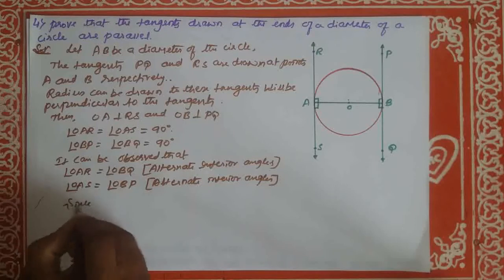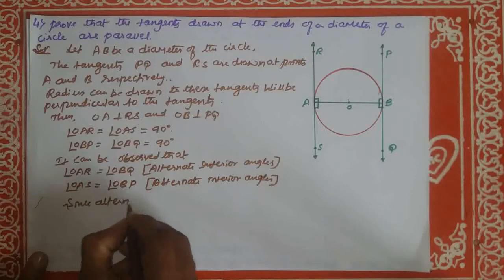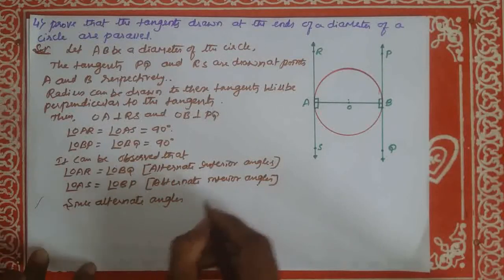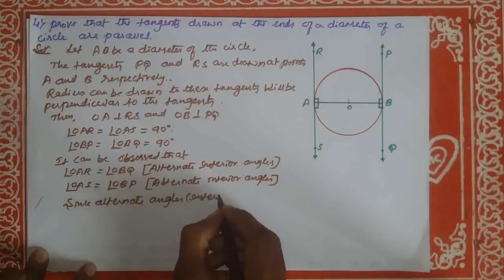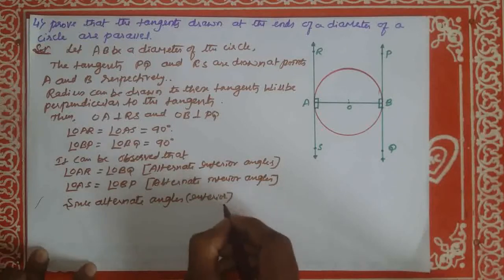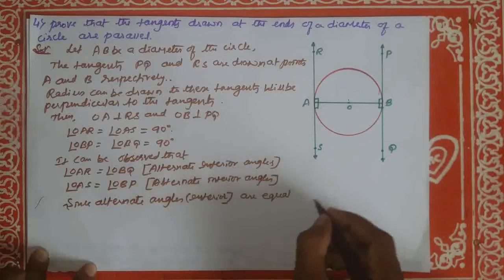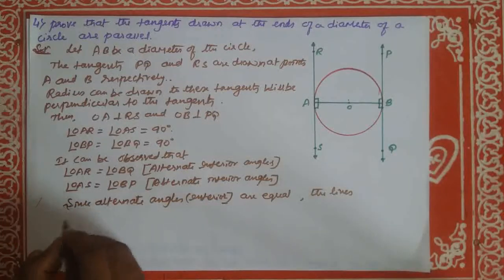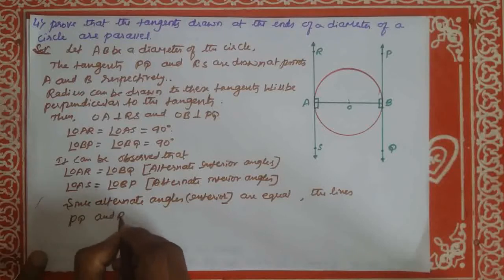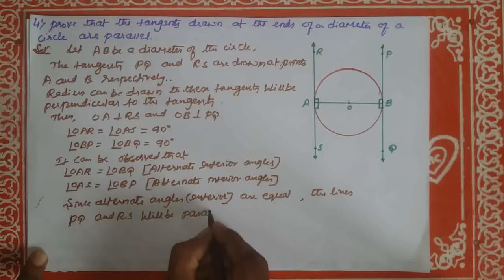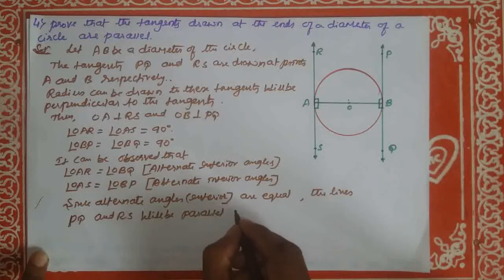Since alternate interior angles are equal, the lines PQ and RS will be parallel to each other.